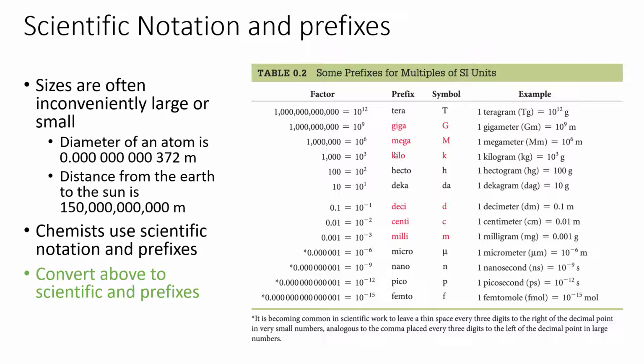A kilometer is 1,000 meters. So it's a way of multiplying this conversion factor to a value. Some of the common prefixes that we will encounter in our physical sciences are given to you here in red.